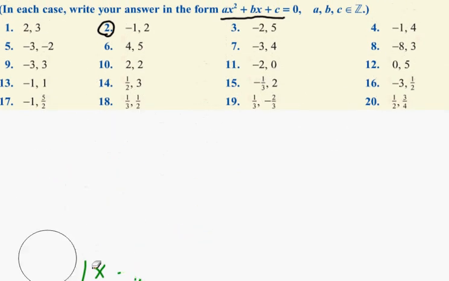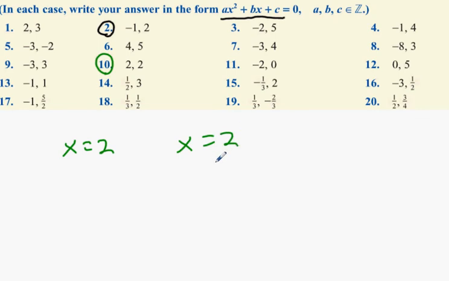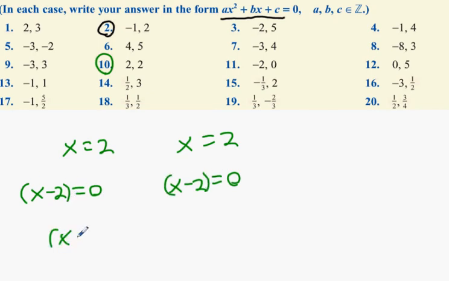Try 2 and 2 as an example. So x equals 2, x equals 2. What happens next? x minus 2 equals 0, and then put them in a bracket. x minus 2 and x minus 2 equals 0.